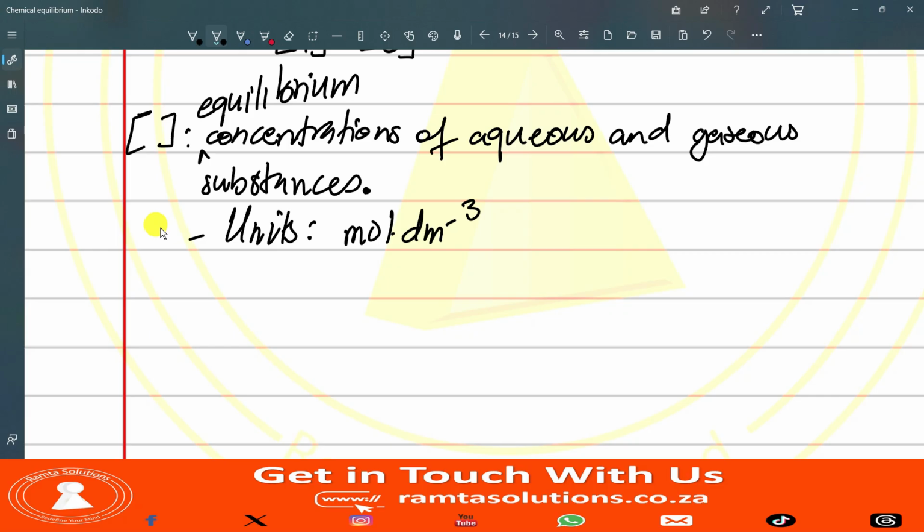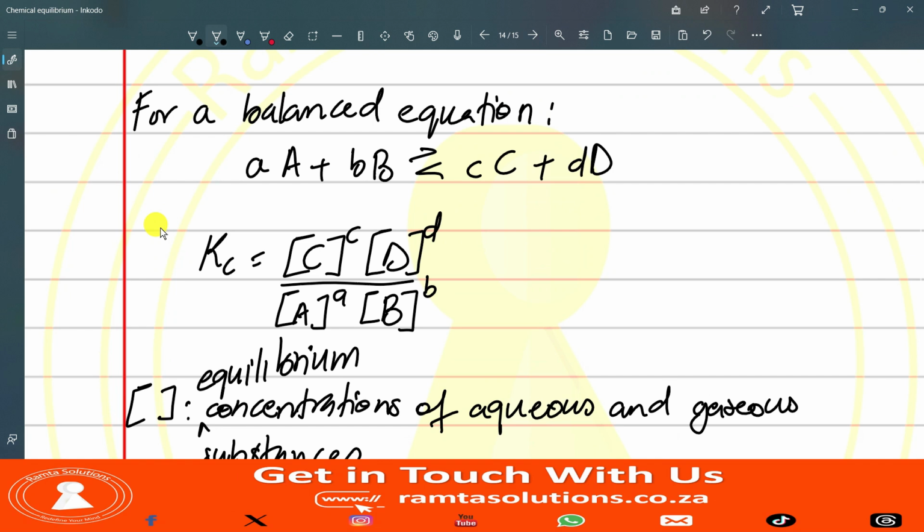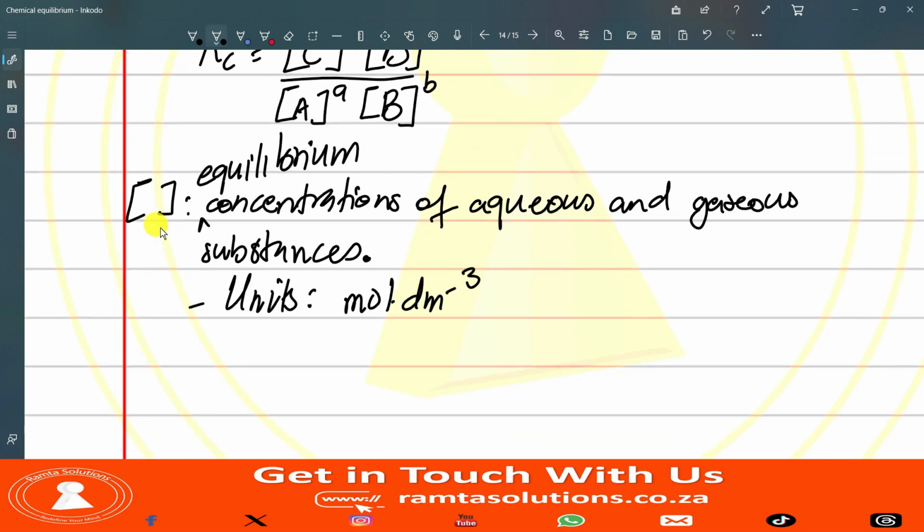I will post them later. Remember, these concentrations are the concentrations of aqueous and gaseous substances only. That word only is important.